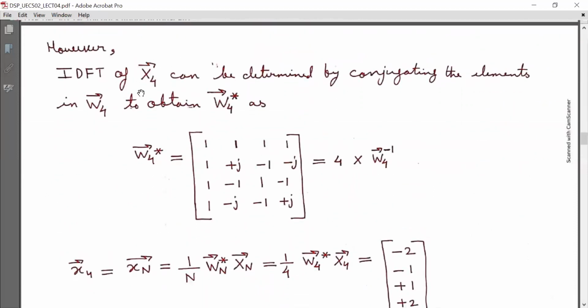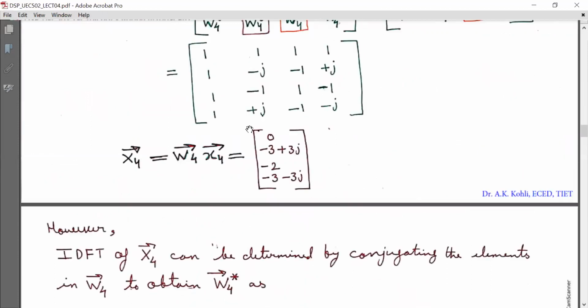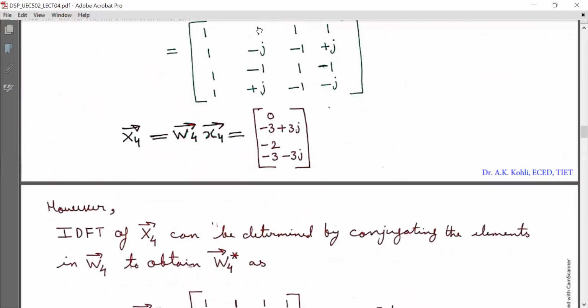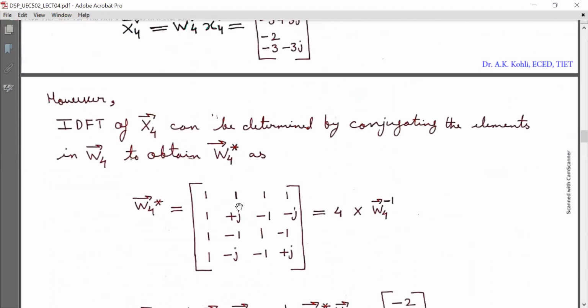However, the IDFT of capital X vector can be determined by conjugating the elements of matrix W to obtain the conjugate of matrix W as shown. Here plus j is appearing and here is minus j, so I have conjugated it here, which is also equal to N, capital N equal to 4, times the inverse of matrix W.